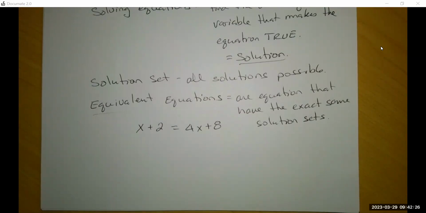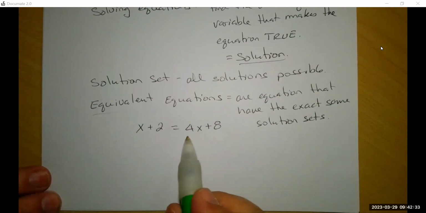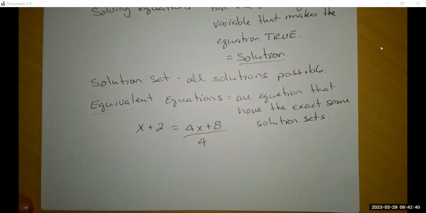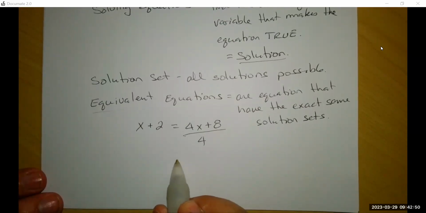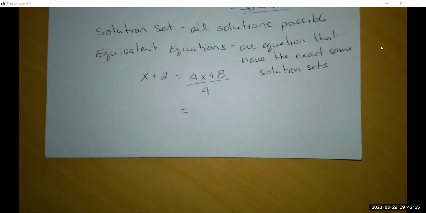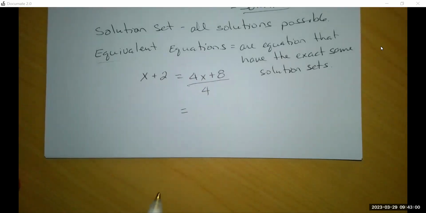How do we know those two equations are equal? If we divided both of these numbers here by 4, what do we get?